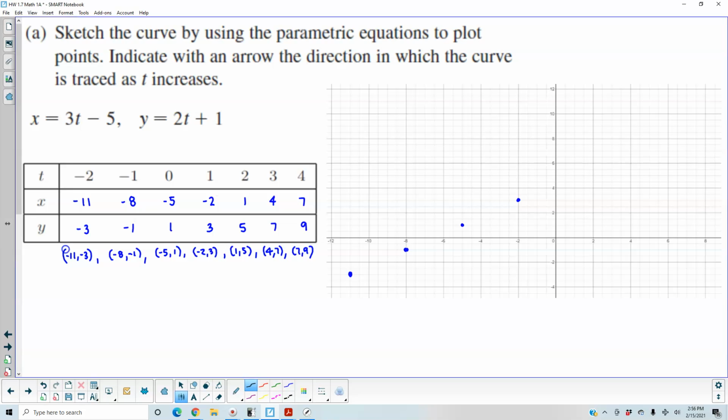Sorry, excuse me, 1 and then positive 5. We know we have 4 and then 7. Then we have 7 and then we have 9. So let's draw our line.